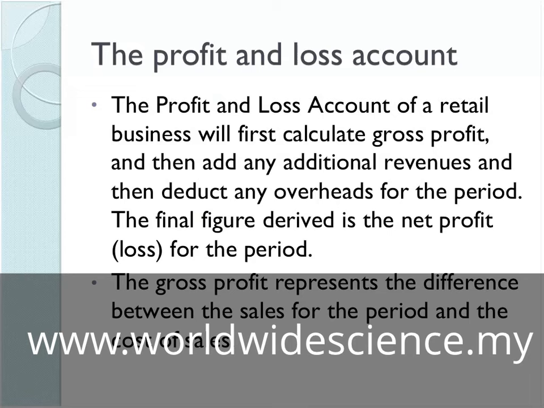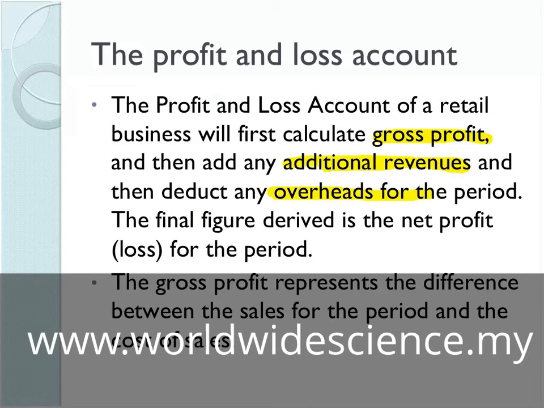For the retail business, we will first calculate the gross profit, the gross profit plus any additional revenues. Maybe we have another trading line, for example, and we deduct, minus, the overheads for the period, which means the expenses.